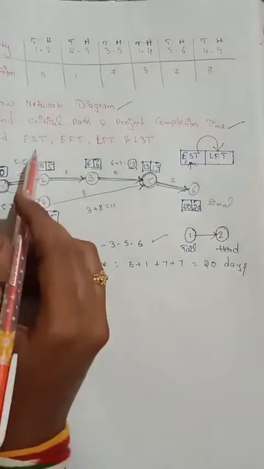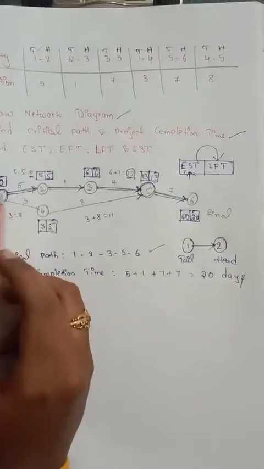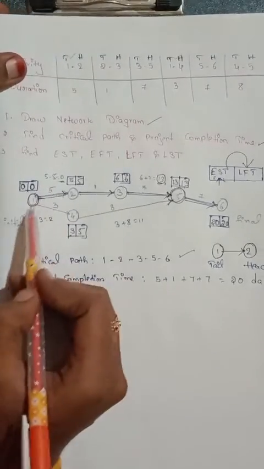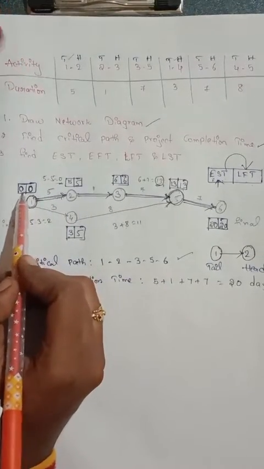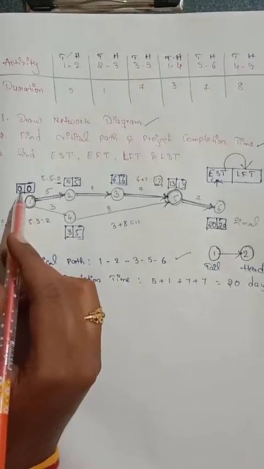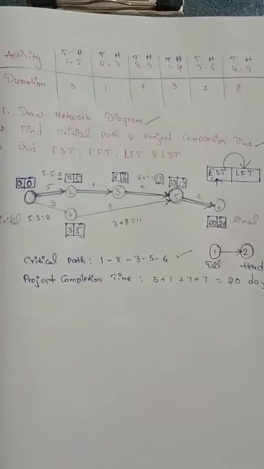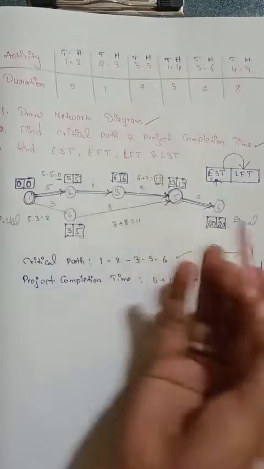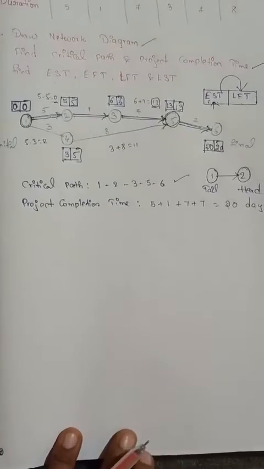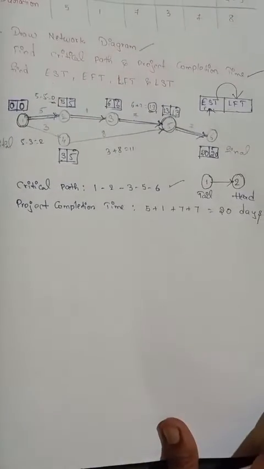So if you see that, while finding the EST, in the activity diagram, the value present on the right side in the box, whatever is present on the right side here, it is the EST value, and what is on the left side, it is the LFT value. So here I will show one table on how to calculate these values.